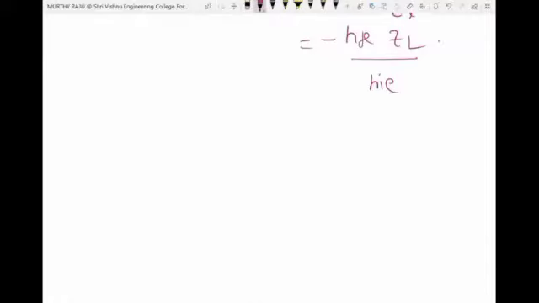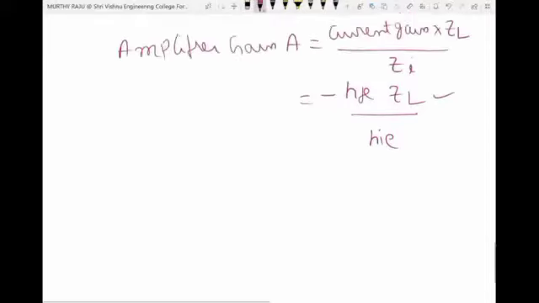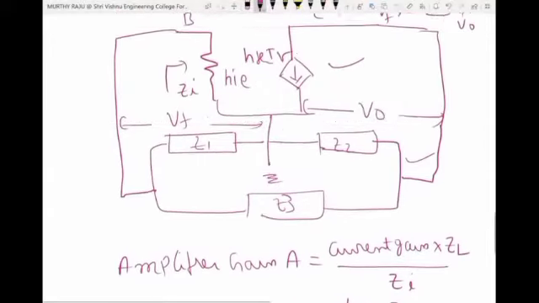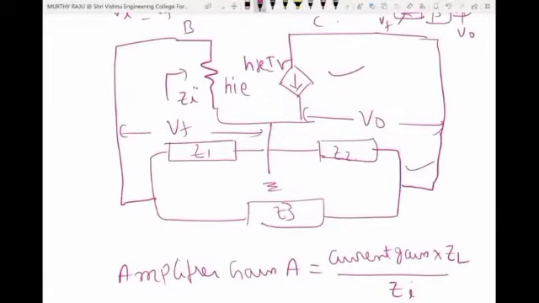Now find out ZL. ZL is the load resistance measured between the collector terminal and ground terminal.